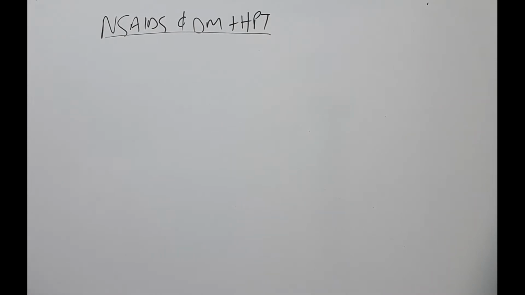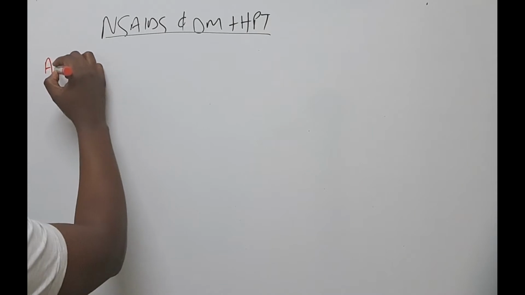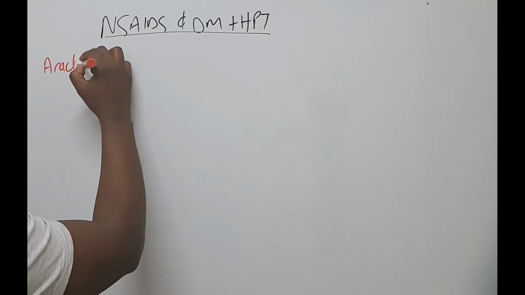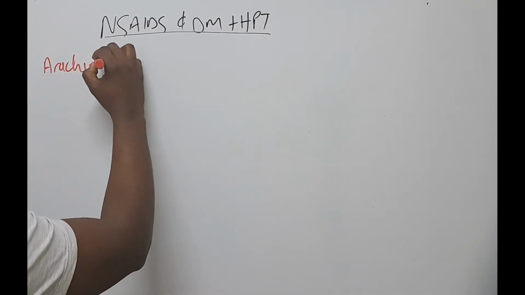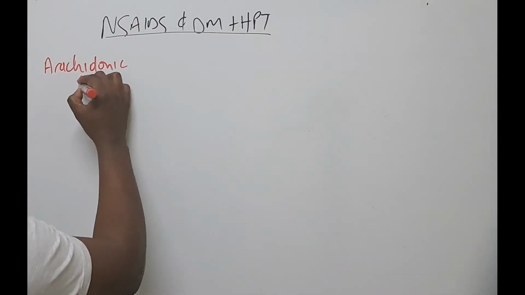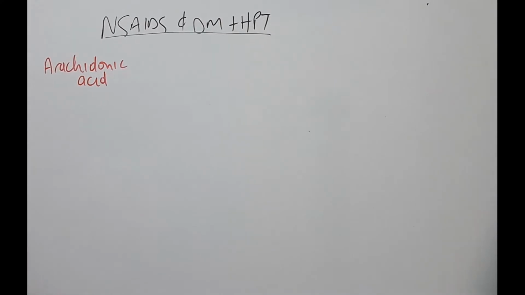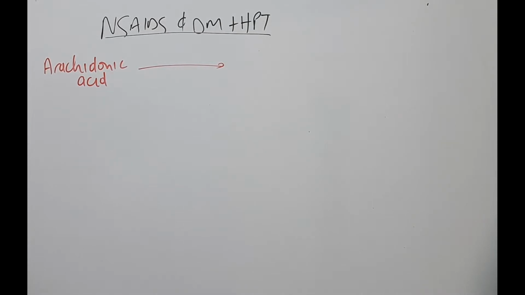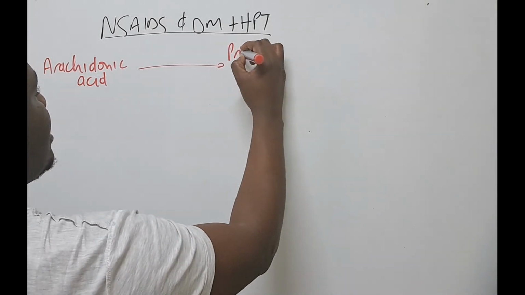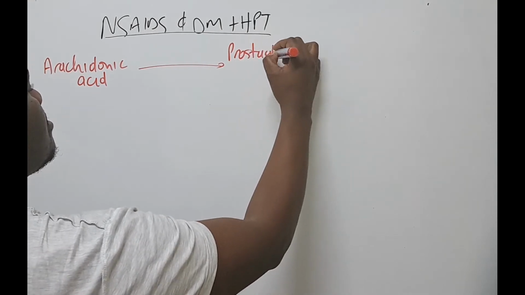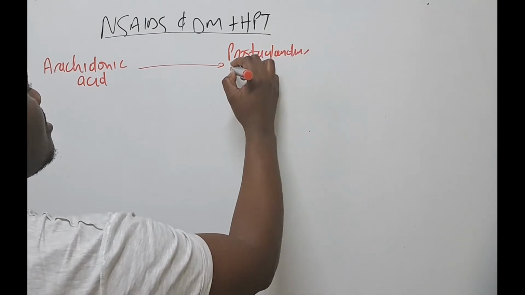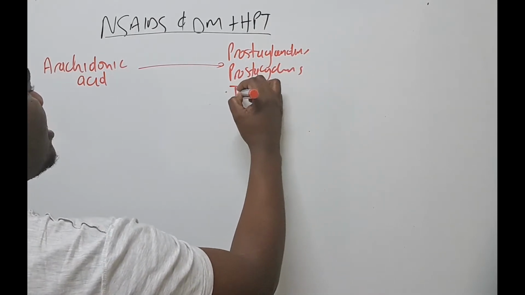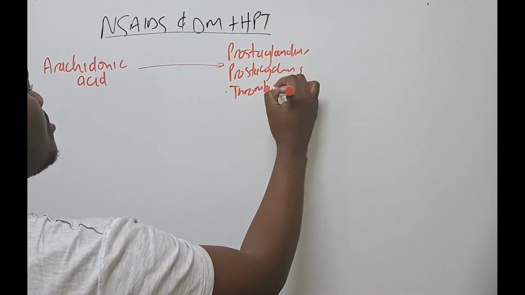In the first video, we were saying normally you have this lipid called arachidonic acid, and arachidonic acid needs to be converted to prostaglandins, prostacyclins, and thromboxane.